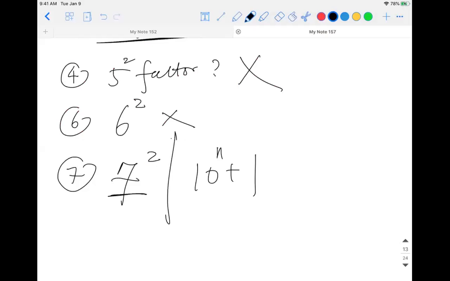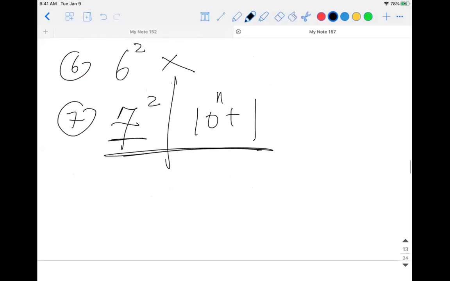Our work is not done. We need to find out the m, right? We only know the first part; we need to know the second part. Because our goal is that 10 to the power of n plus 1 times m is a perfect square number.